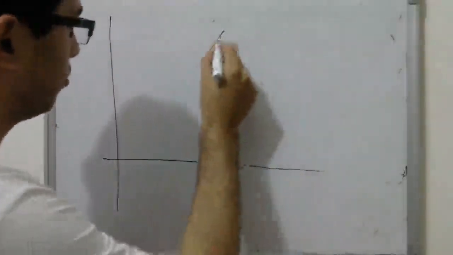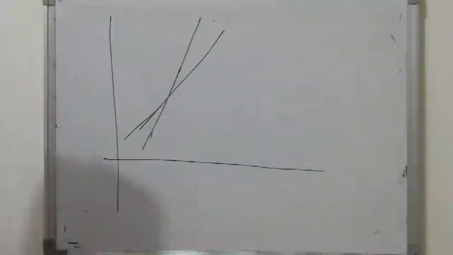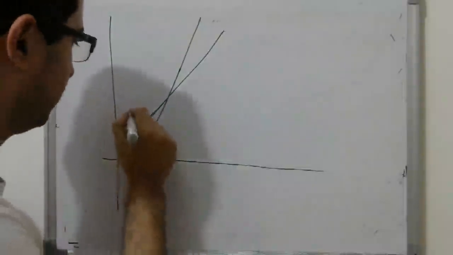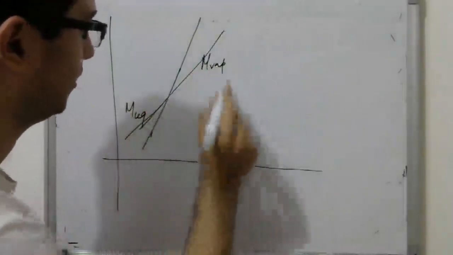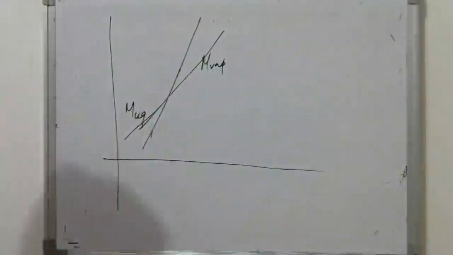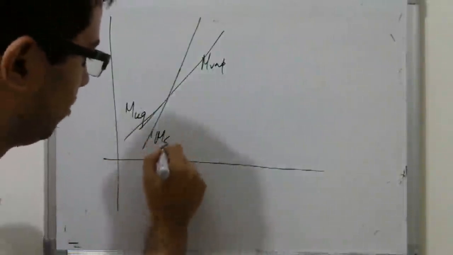Let's see how we solve this problem. There are three states, right? So I'll draw two lines. One line is the metal M liquid and M vapor, and one line is the metal as solid.